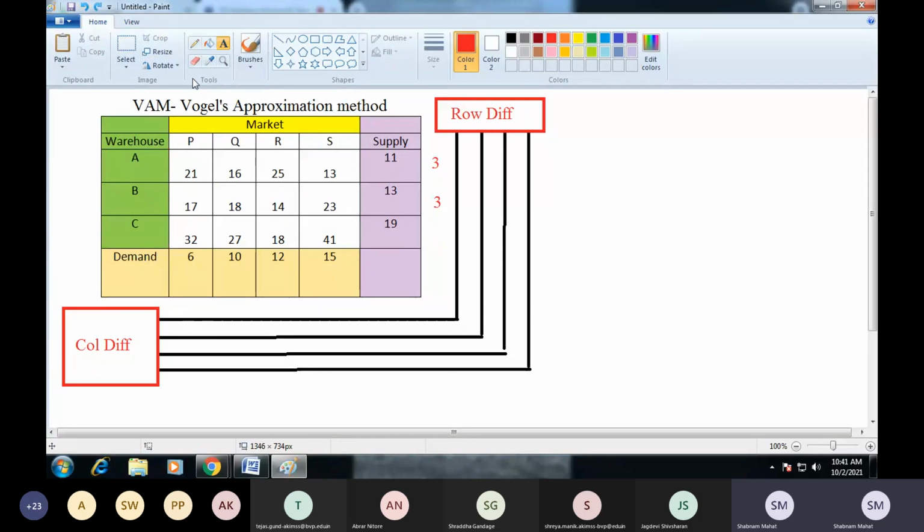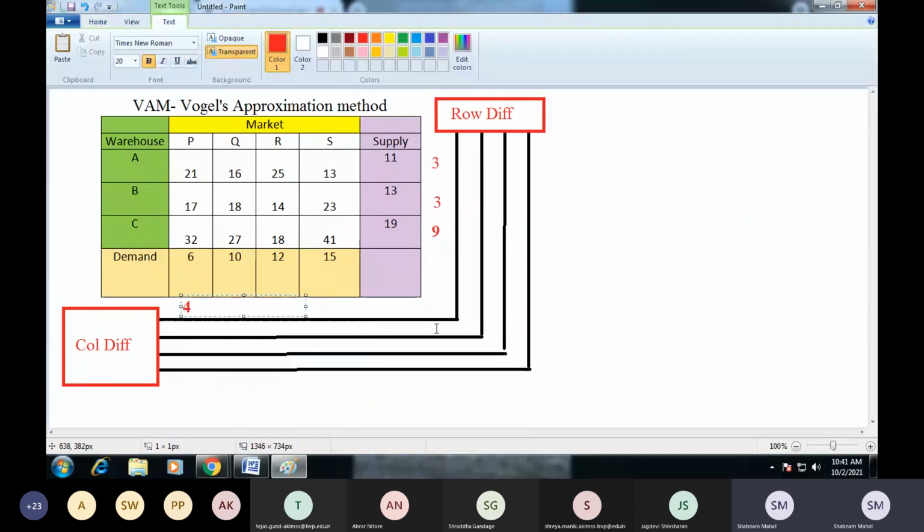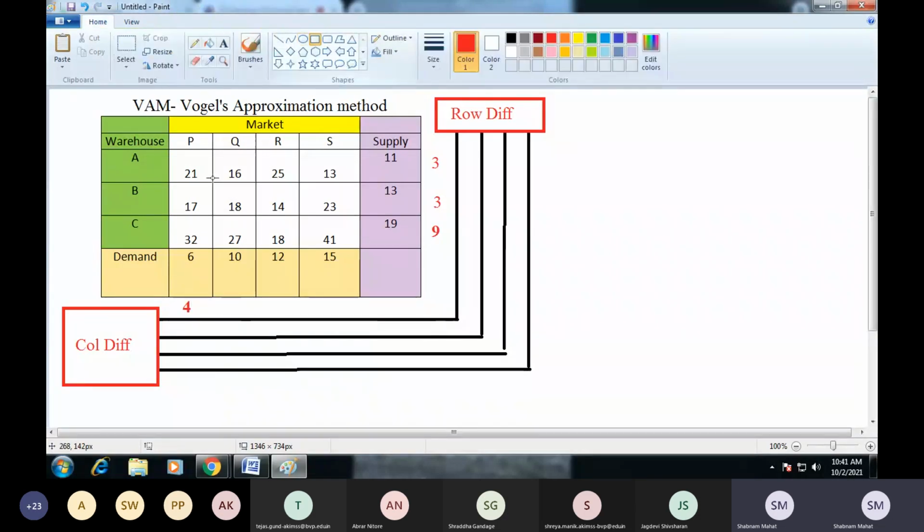Out of this second column, 16 and 18 are my minimum values. When I find the difference between 16 and 18, the value is 2.